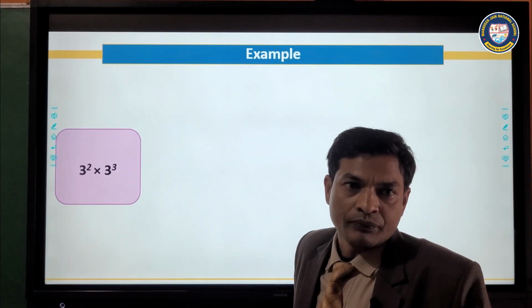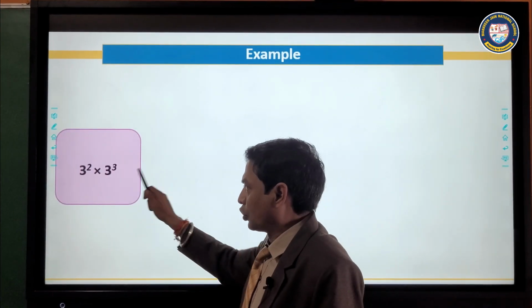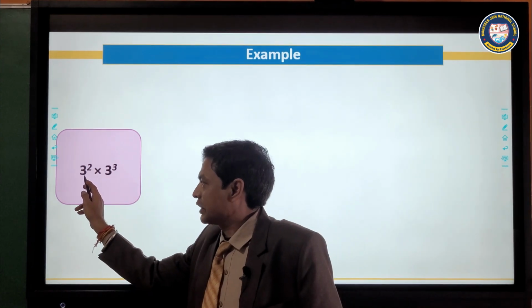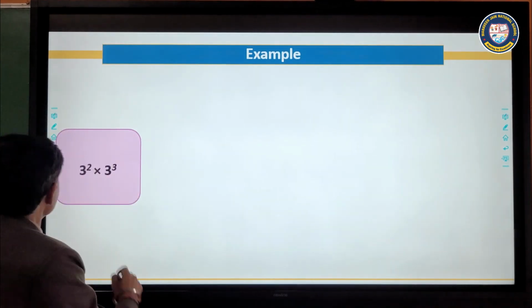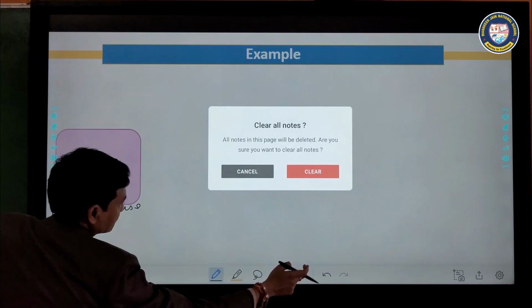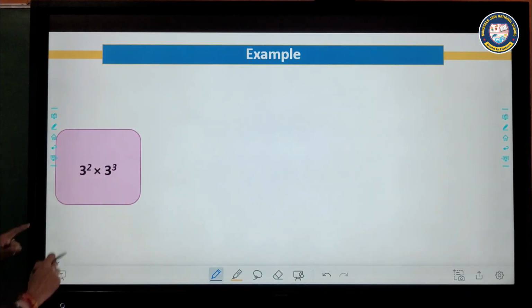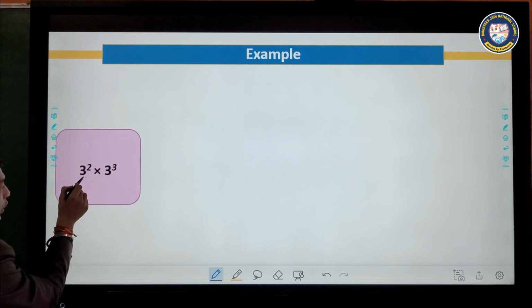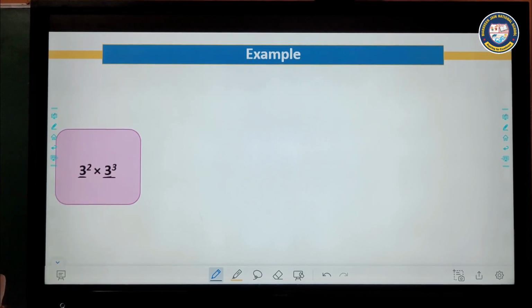Now with that law, the first example we are going to take is 3 to the power 2 into 3 to the power 3. Here both the bases are the same, clear?